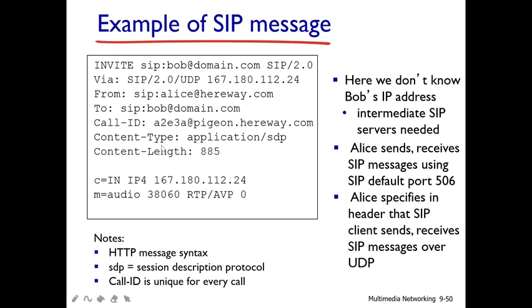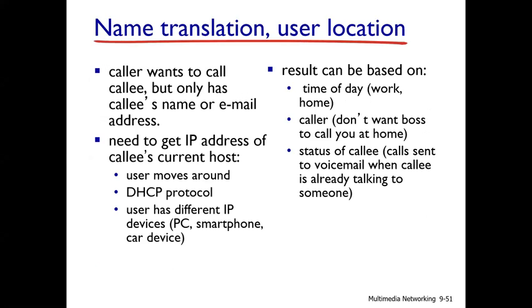Also, this SDP means Session Description Protocol, an application protocol. It will have a unique caller ID, through which Bob's ID is intermediated, and Alice wants to send a message using this HTTP message syntax. It is very easy to remember, not difficult. Once you go through this, it will be easy for you to remember.